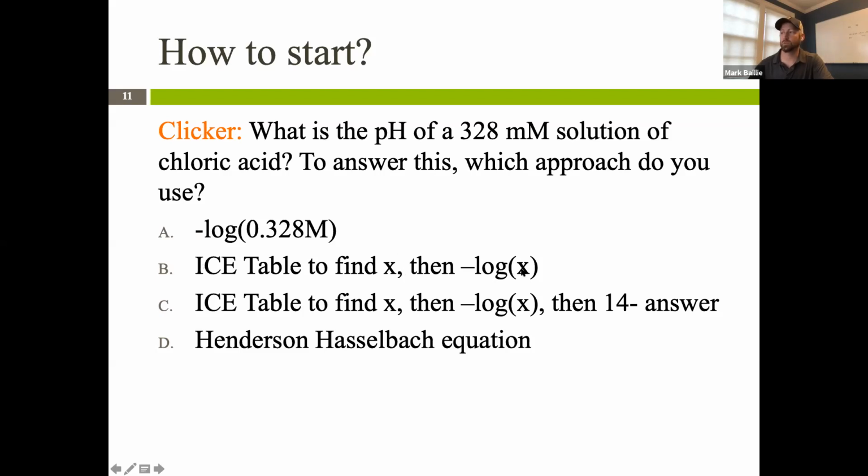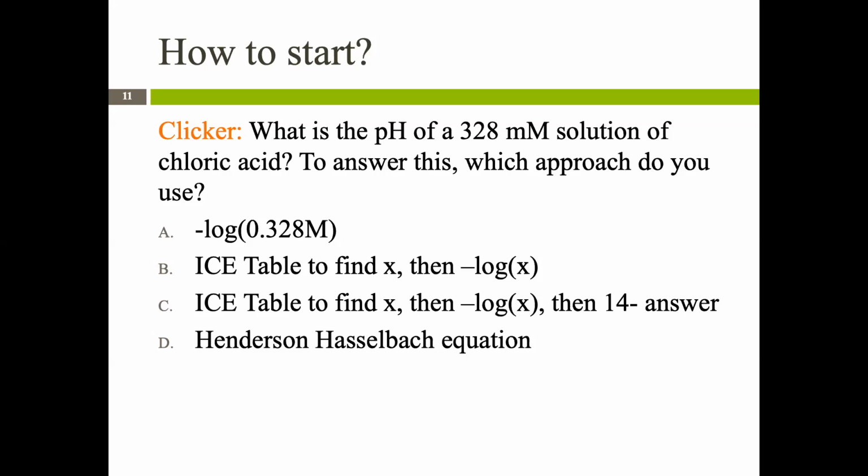The question is, when we take the negative log of that X, what is that? Sydney Chastain, what is the X that we're taking the negative log of in an ice table for this problem? Since we're given an acid concentration, it's our hydronium. Fantastic. Every time you think about doing an ice table, think about what your X represents.